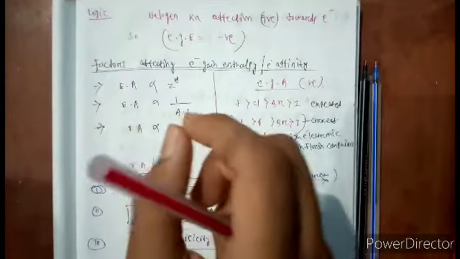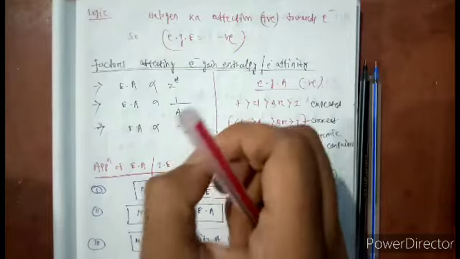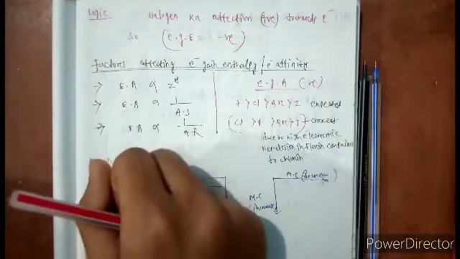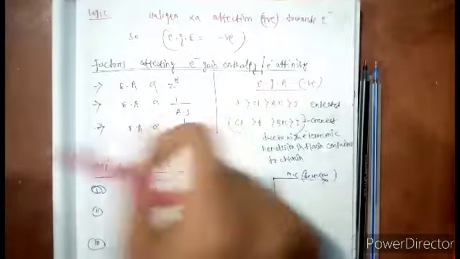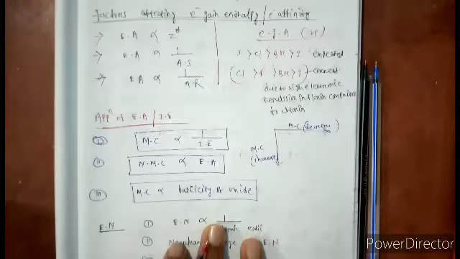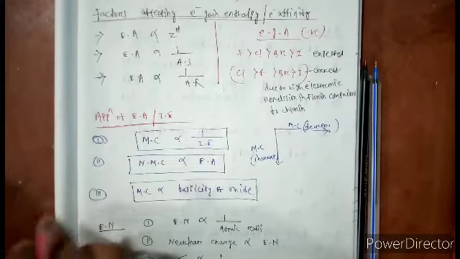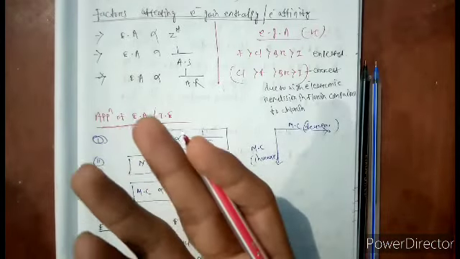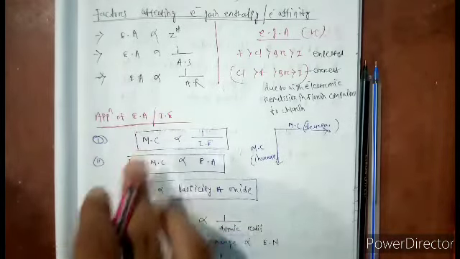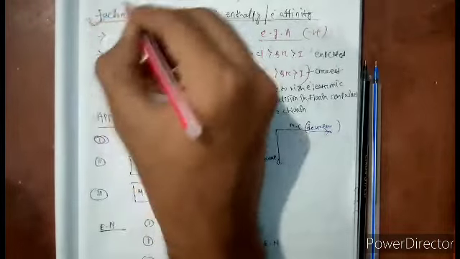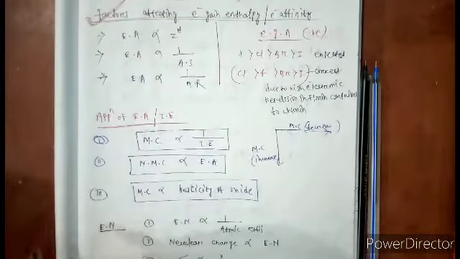But noble gases have a negative affection towards electrons, so they have positive electron gain enthalpy. Okay, this is the logic. Because if we have no logic, then we don't remember anything. Science is a logically based subject.